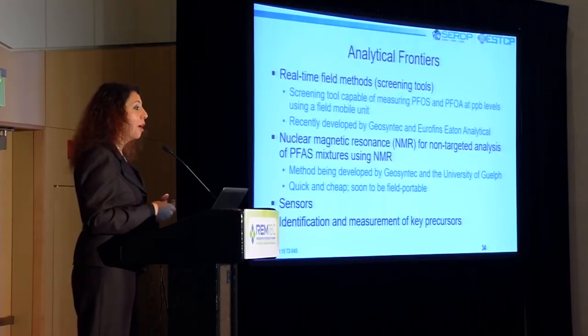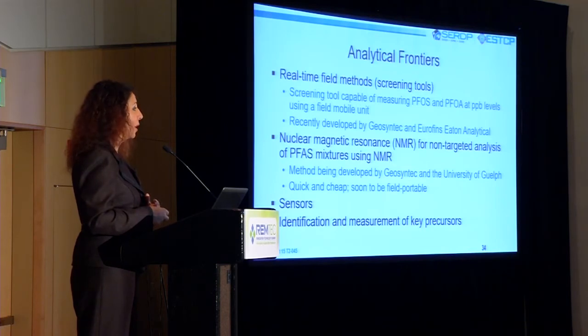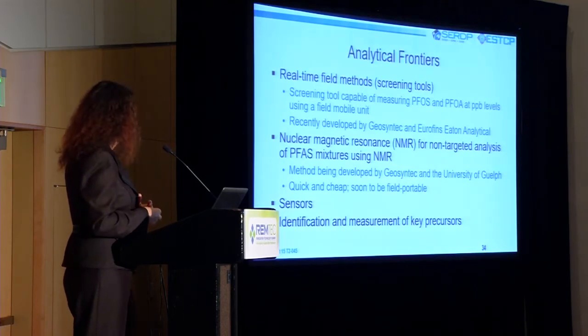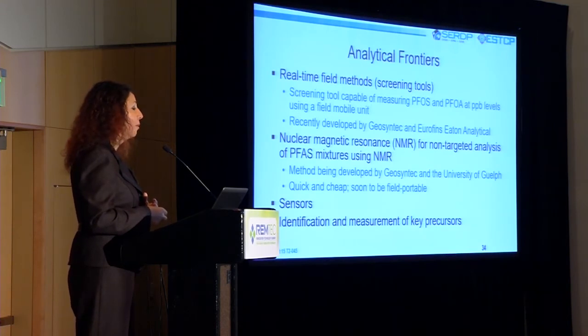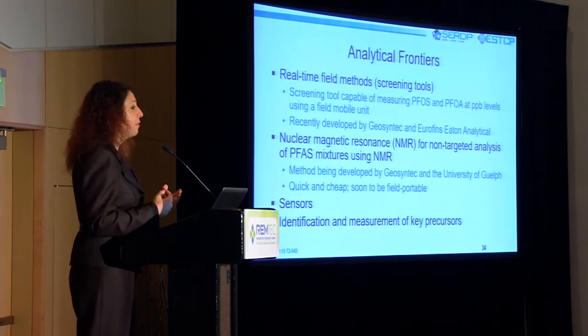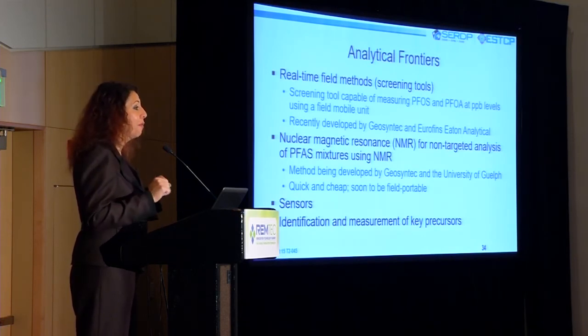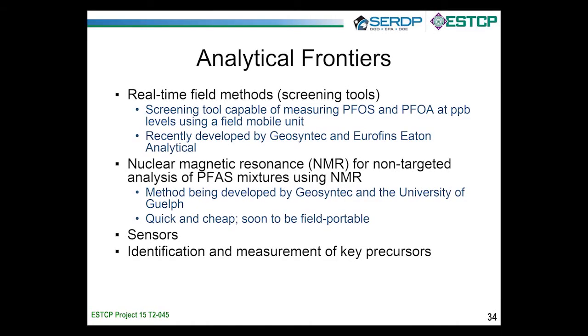So an analytical opportunity is to try and come up with real-time field methods. A lot of organizations are working on developing techniques that are fast, that give you information that is not necessarily reportable, but you can use this information as a screening tool to inform your decision-making in the field. Eurofins is working on developing a compound-specific method that gives you PFAS and PFOA results at 0.5 ppb levels.